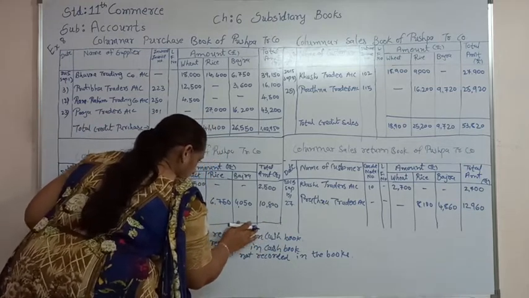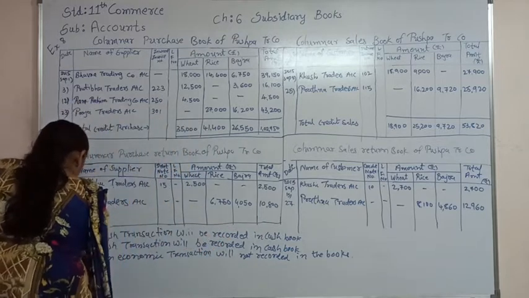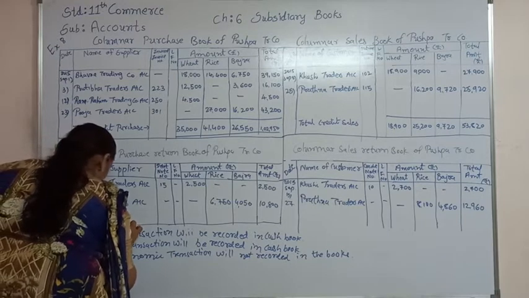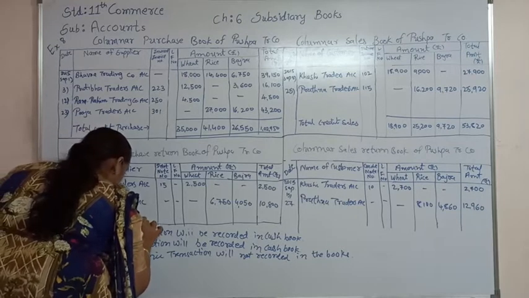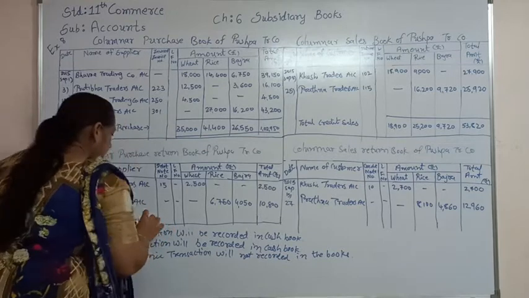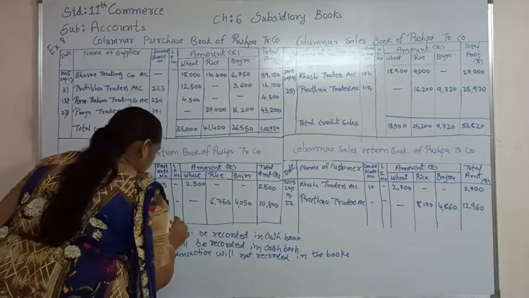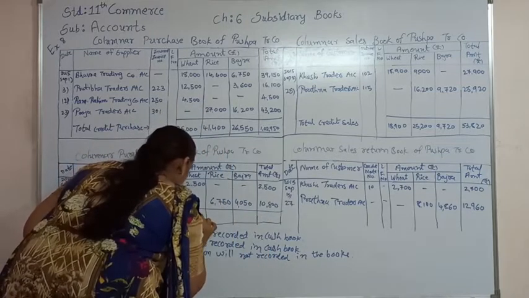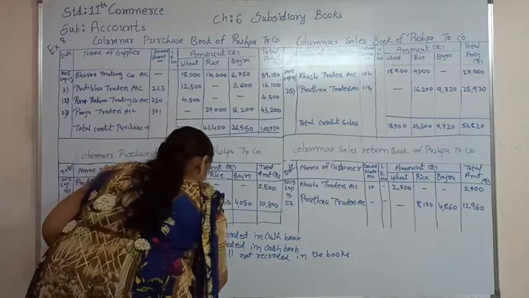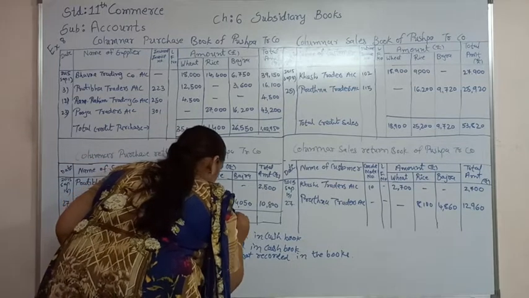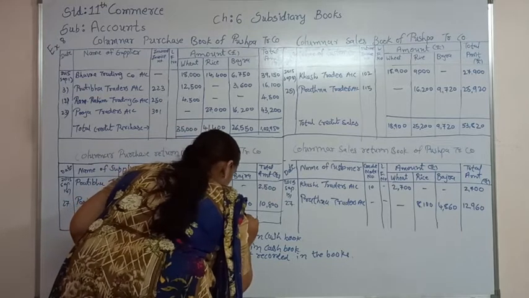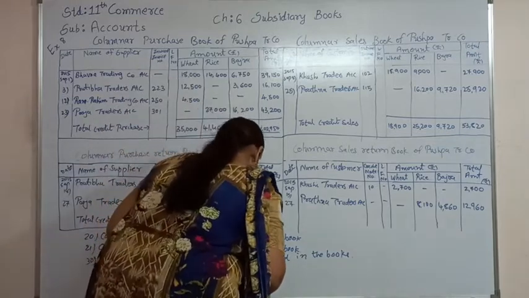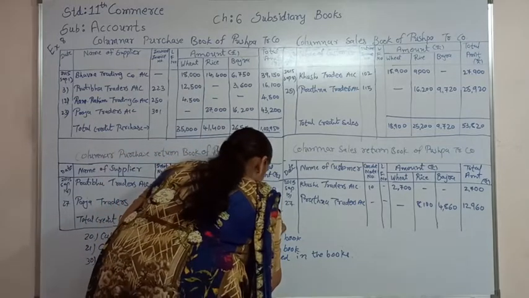So here the total credit purchase return will be 2,500, then 6,750, and 4,050, and the total of this will be 13,300.